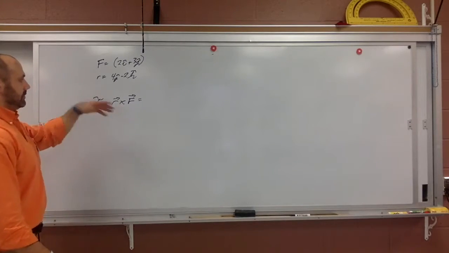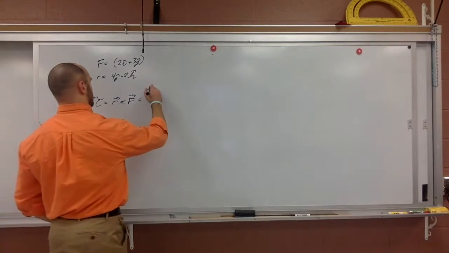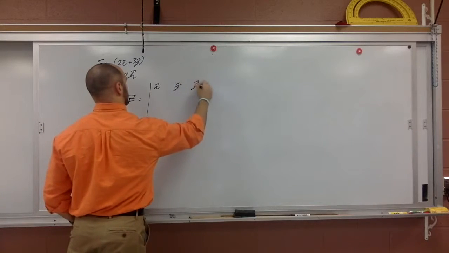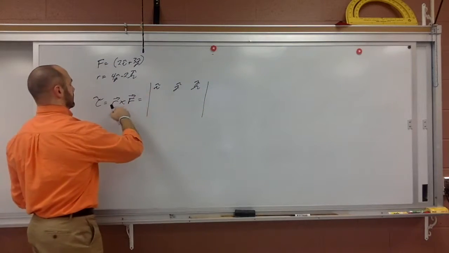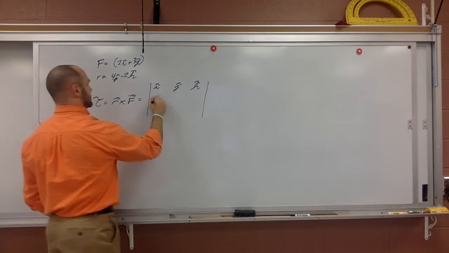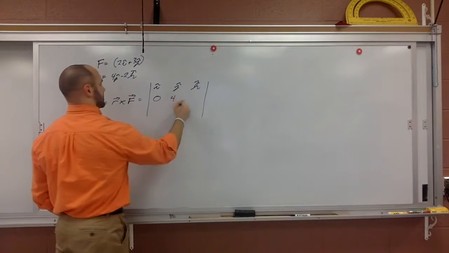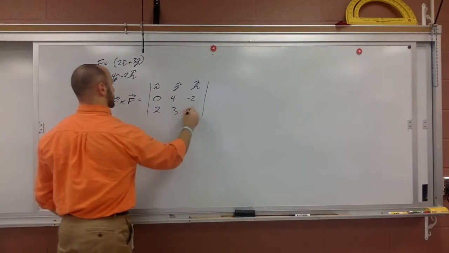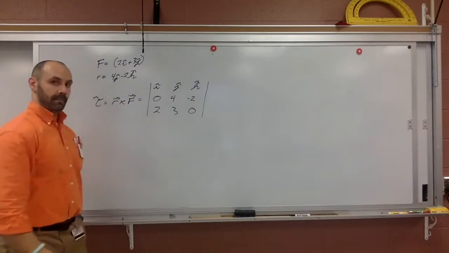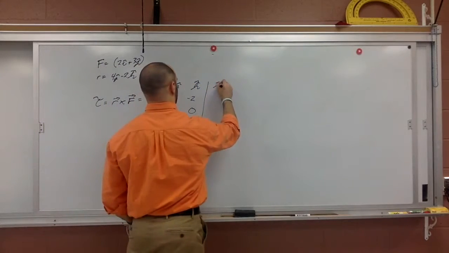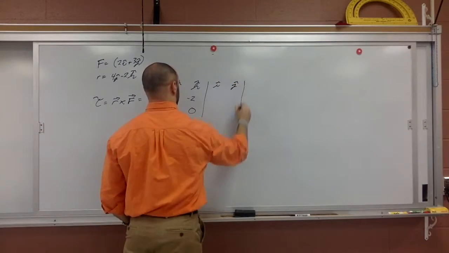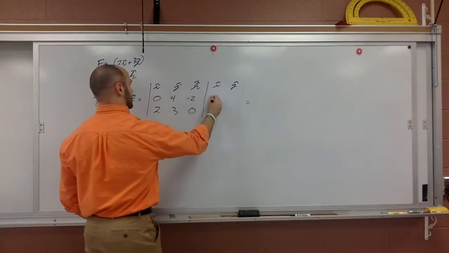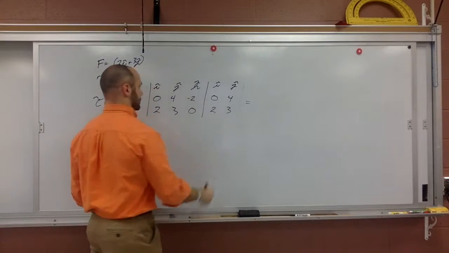So tau equals R cross F, remember order counts. And so I set up my matrix. I've got I, J, K. R is 4J minus 2K. So this is 0, 4J minus 2K. And this is 2, 3, 0. And then I repeat over here, I, J, and I just repeat those two columns.